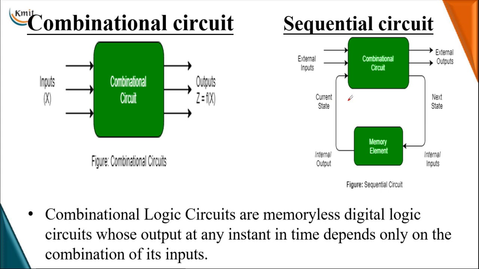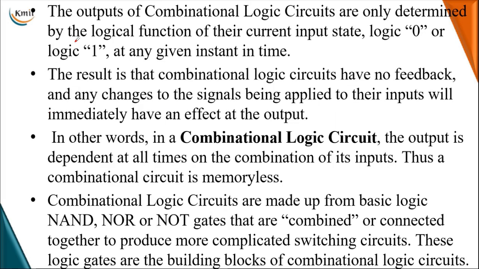Combinational logic circuits are memory-less digital logic circuits whose outputs depend only on the combination of the X inputs. The outputs are determined only by the logical functions of their current input states, whether logic 0 or logic 1, at any given instant of time.